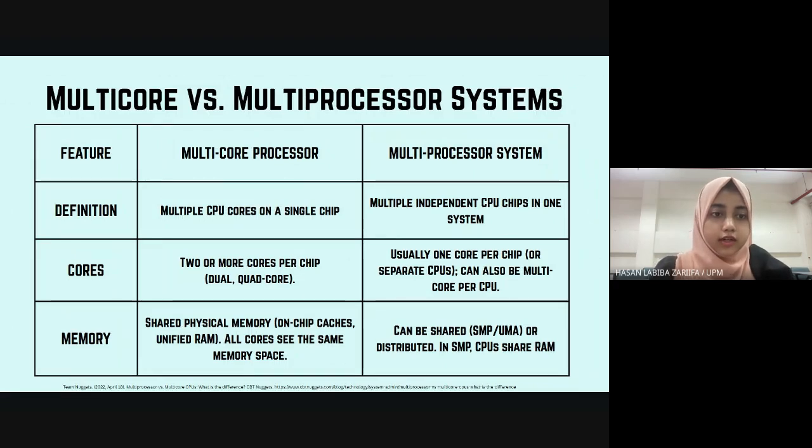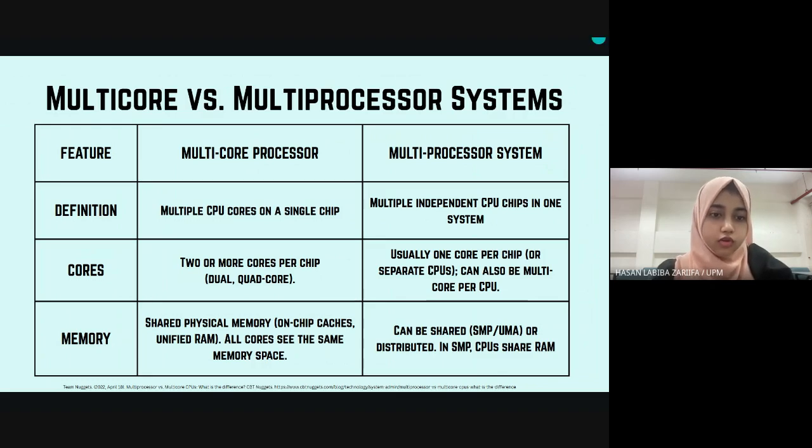Here in this chart, it shows the differences between multi-core versus multiprocessor in terms of definition, cores, and memory. So we can see that multi-core is multiple CPU cores in a single chip, and multiprocessor system is multiple independent CPU chips in one system. Cores: a multi-core processor usually has two or more cores per chip.